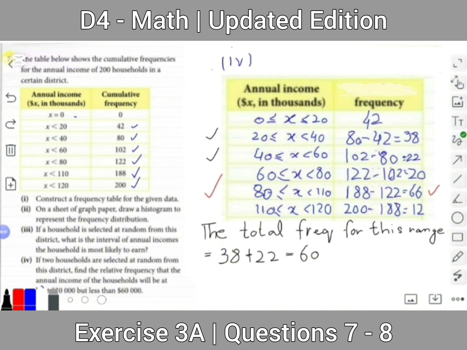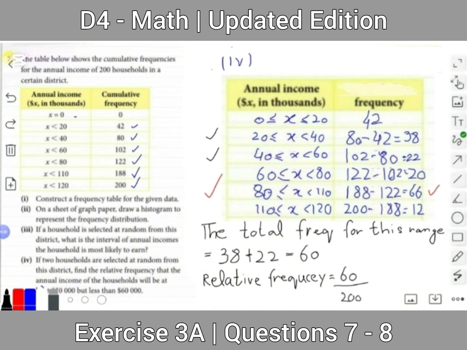Now we have to find out the relative frequency for the two houses selected at random from the district. So for the relative frequency, we have the formula number of occurrences divided by total number of trials.